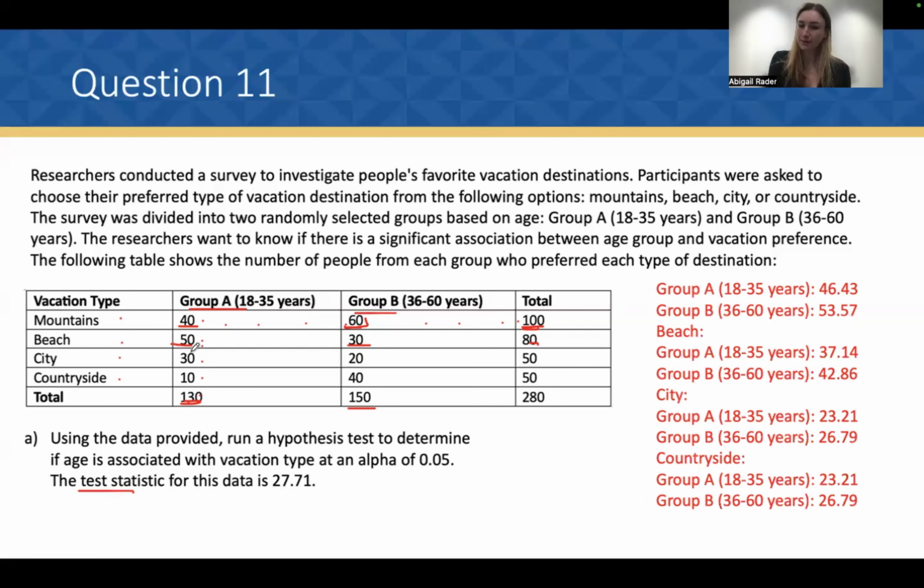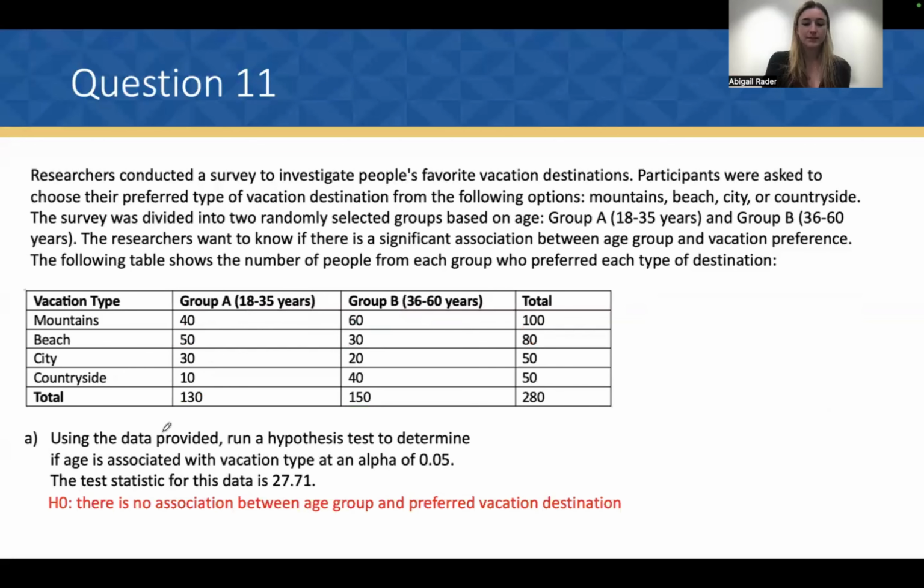Okay, so now we want to write out what our hypotheses are. For chi-square, we don't want to write out any kind of mathematical approximation of a hypothesis, because it's based on just whether or not there's an association between these variables. And so our null hypothesis is just that there is no association between age group and preferred vacation destination.